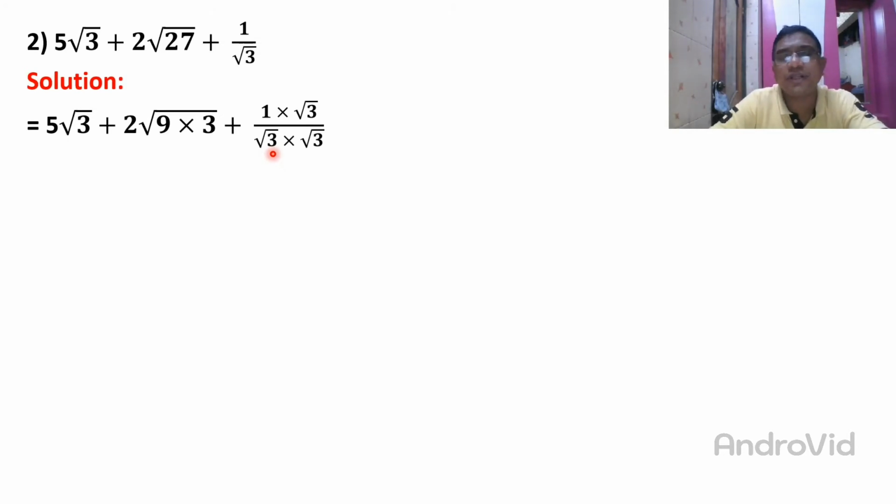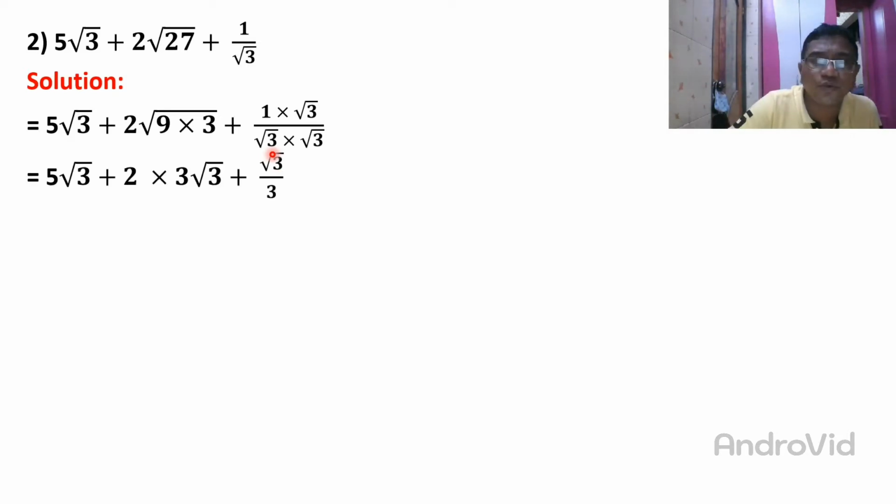So here root 3 is the denominator, so it is multiplied by root 3. This process is called rationalization. Rationalization means this number can come out of the surds.